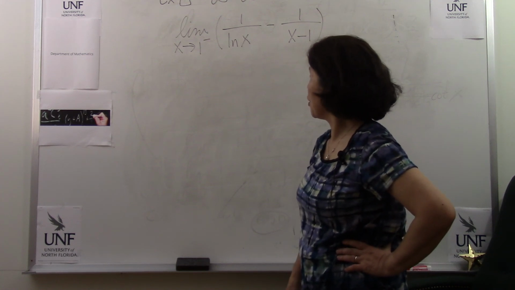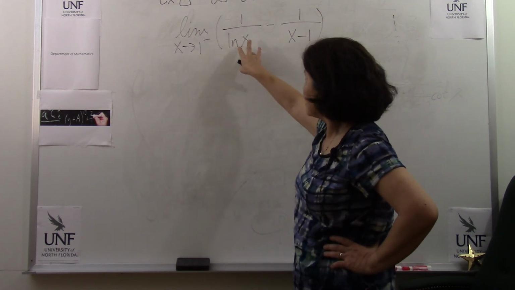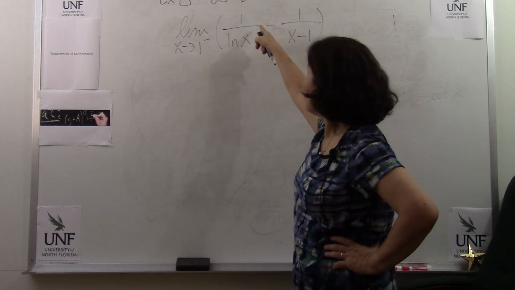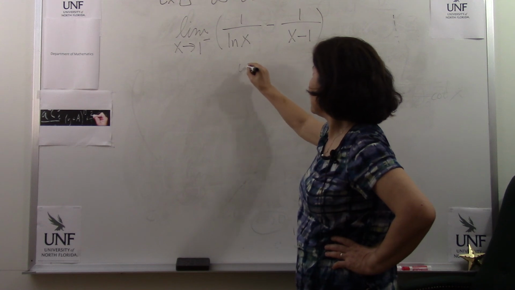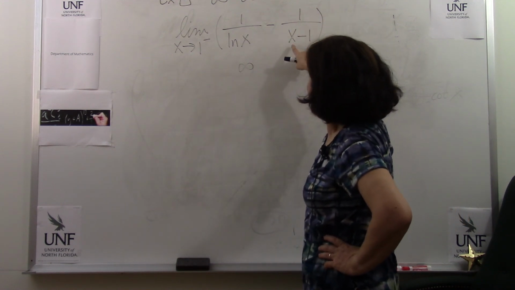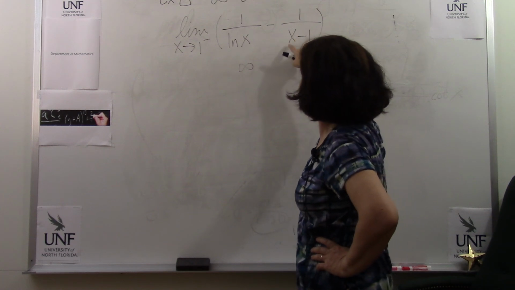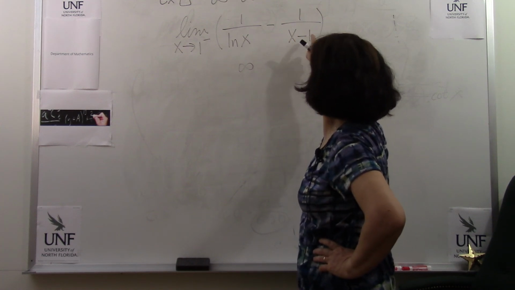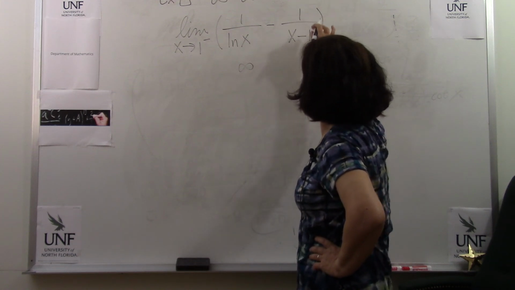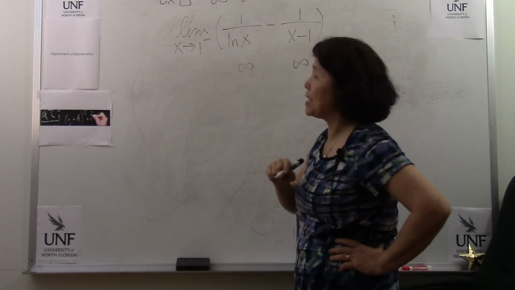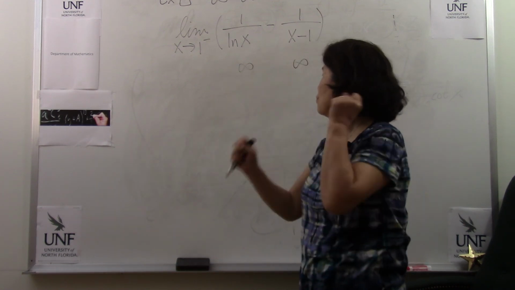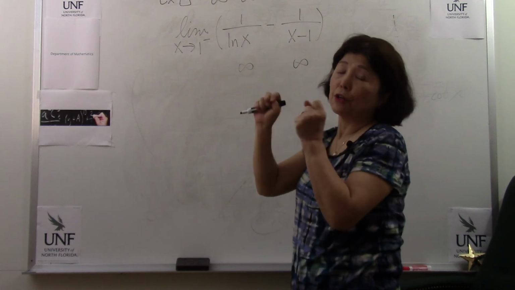Again, over here, ln 1 is 0. So 1 over 0, which is infinity. Correct? And what about this? x goes to 1 minus, so 1 minus 1, which is again 0. So 1 over 0, which is infinity. So infinity minus infinity, we don't know which infinity is going to be the winner.